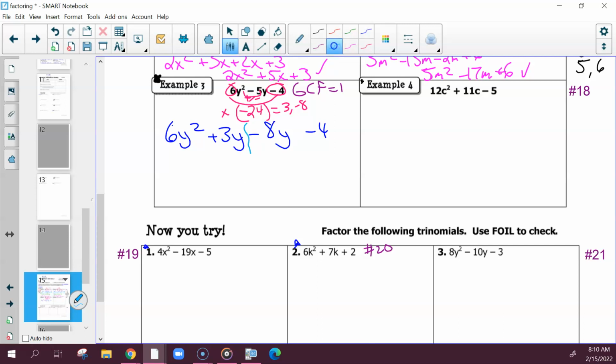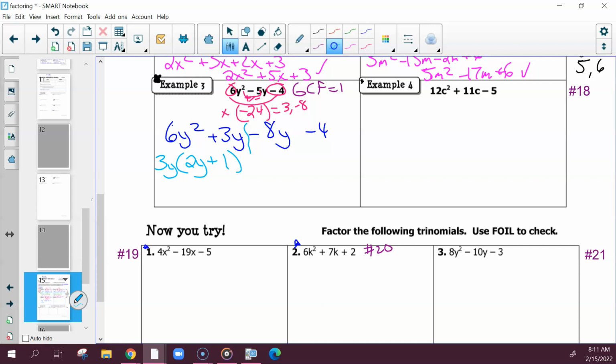What could we divide out of the first 2? Divide 3 out, you were thinking divide by 3 and get 2y plus 1.